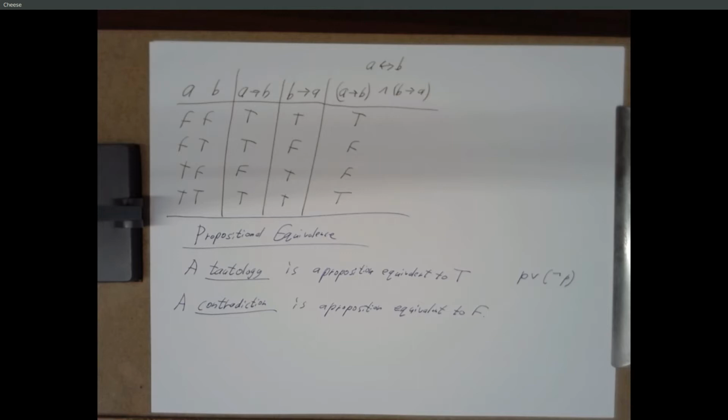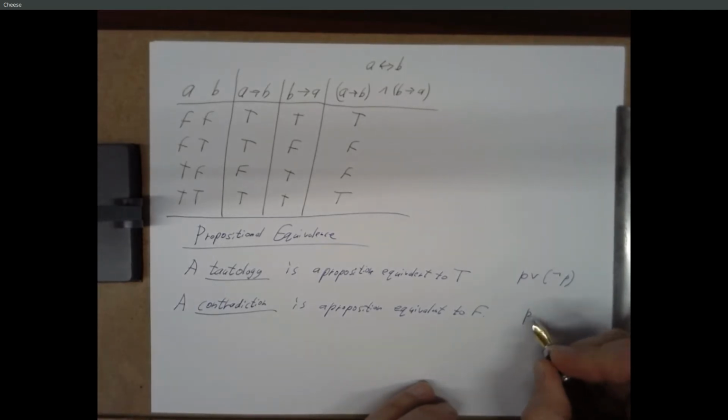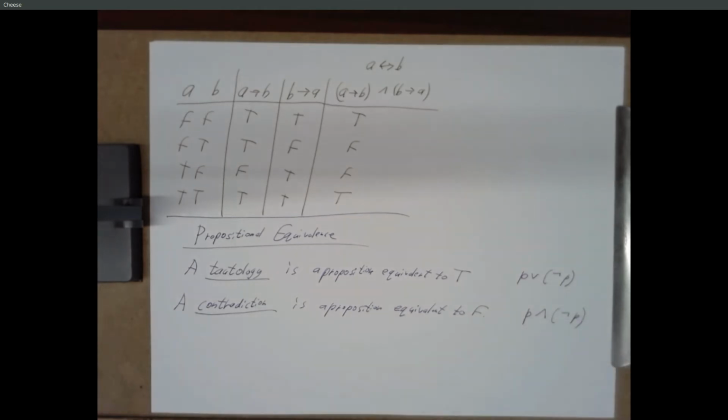So it's logically equivalent to true. Good example of a contradiction, P and not P. That's always going to be false. Because I'm basically saying P is true and also not P is true. Or I'm saying P is true and P is also false.